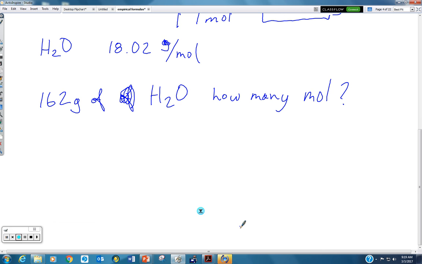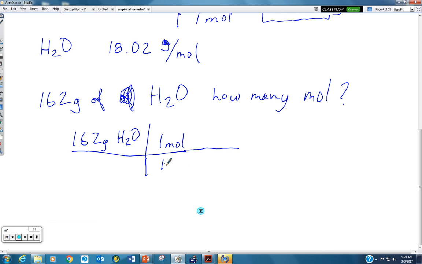How many moles? If I have 162 grams of water, how many moles do I have? How do I determine this? I have 162 grams H2O, and I want to know moles, and it's 18.02 grams per mole.